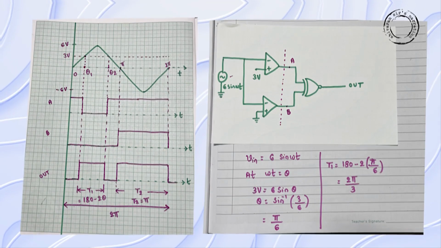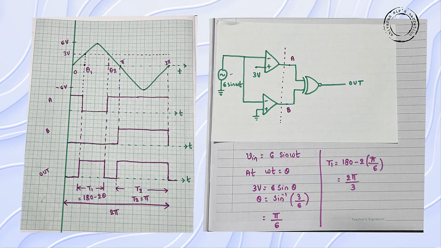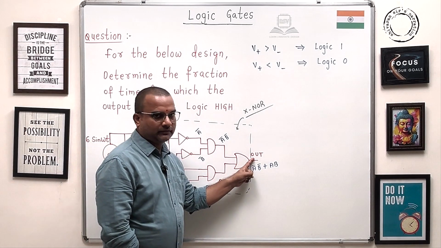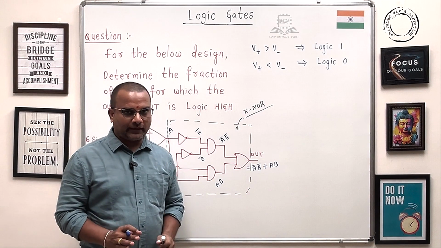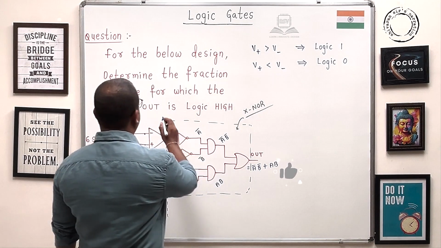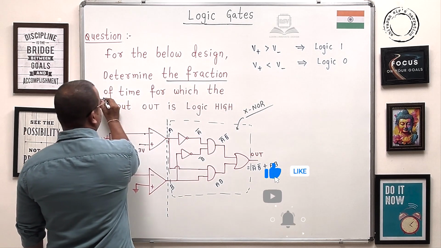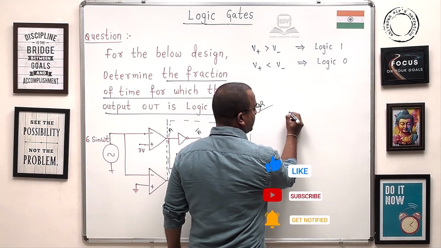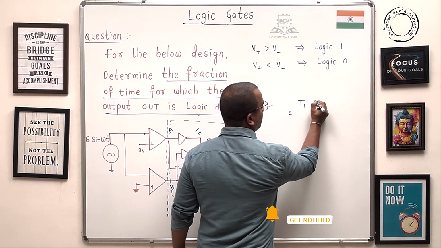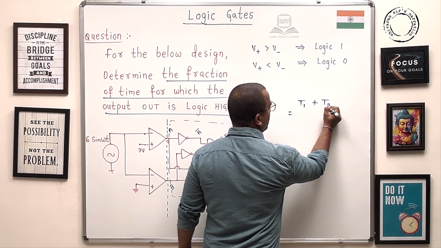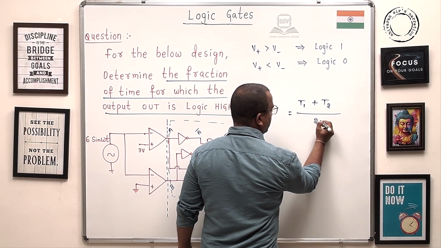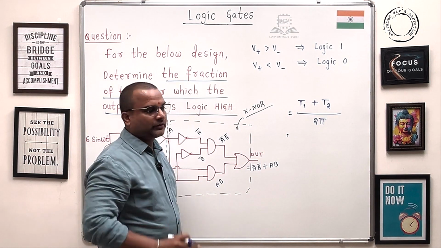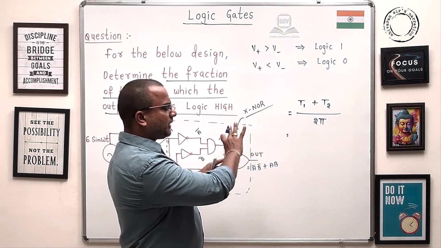I hope you understand the waveform that appears at the output terminal. Now, if they are asking for the fraction of time for which the output is logic high, that can be considered as t1 plus t2 divided by 2 pi, because the total period is 2 pi and the fraction where the output is high is t1 and t2.